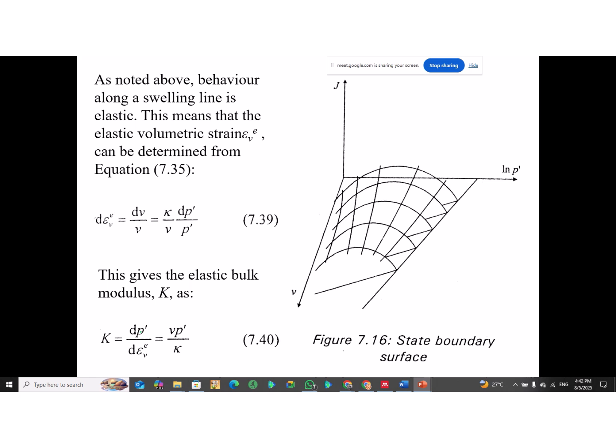So basically, to relate the software input to what we can easily measure in the laboratory. So if you want to get the K, we know K, then you know the P, isn't it? And then you know this relationship. You can easily get the incremental.